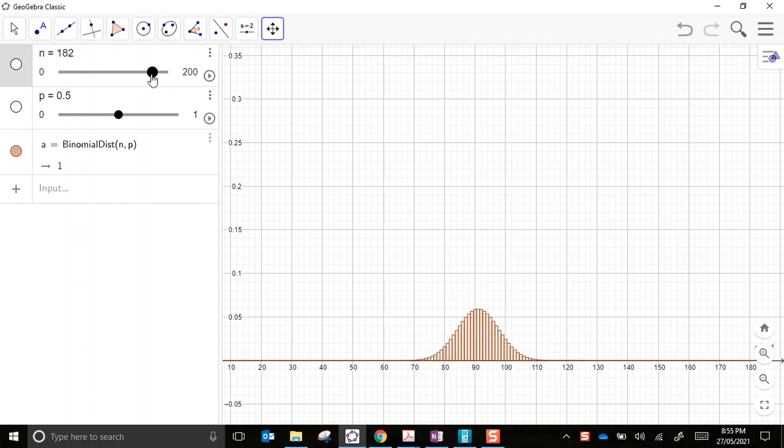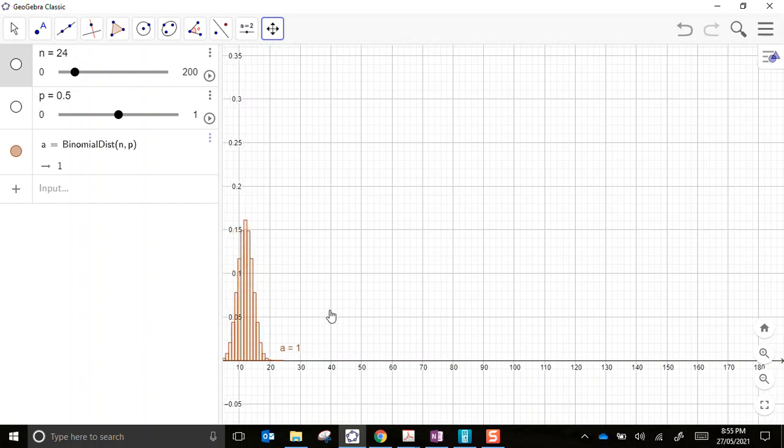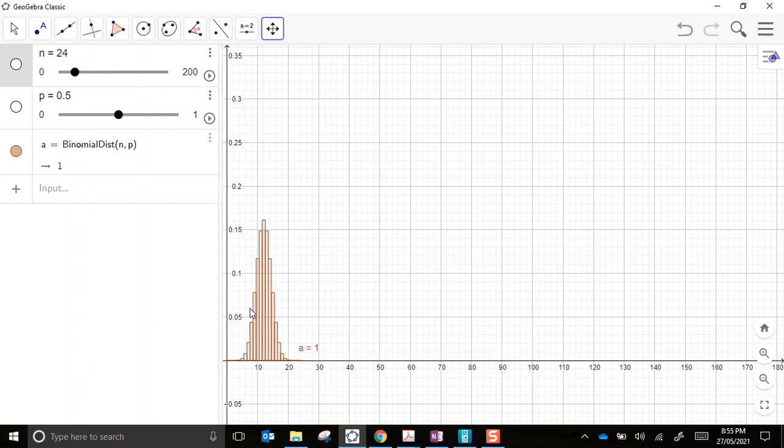If I was to reduce the number of trials, say back to something like this, then there are definitely a lot bigger steps in between each of these individual events, and it's no longer looking smooth and continuous, it's definitely discrete.